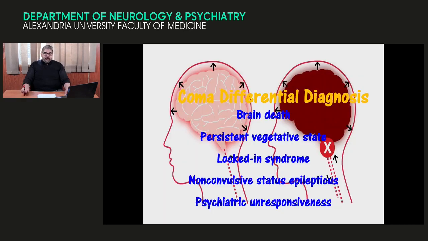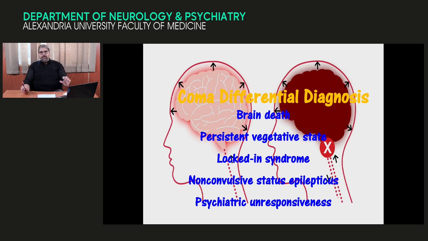In this part of the lecture, we are going to speak about the coma differential diagnosis. We will pass through all these titles: brain death, persistent vegetative state, locked-in syndrome, non-convulsive status epilepticus, and psychiatric unresponsiveness.